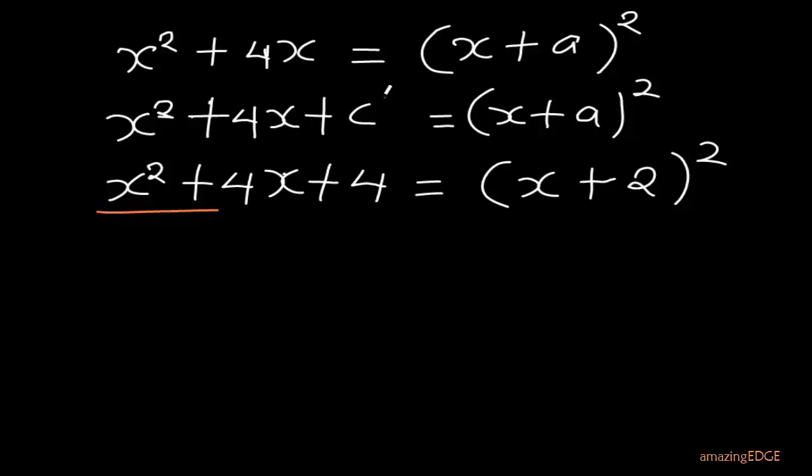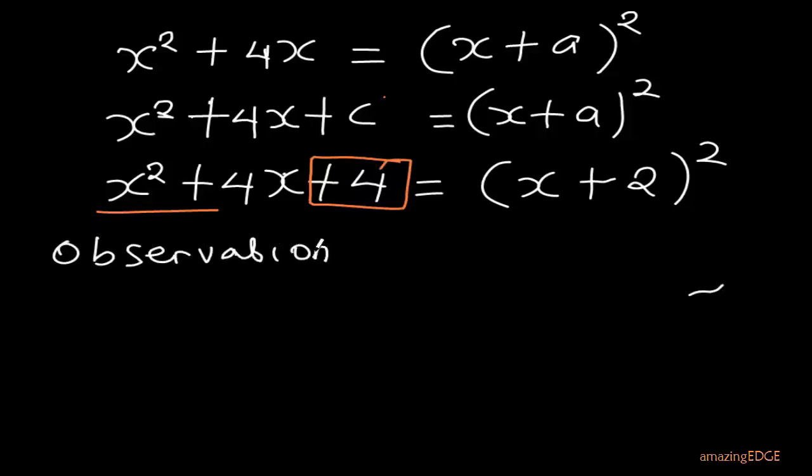So what did I add? I added 4 to make it a perfect square. So observation: what you observe is that it is actually this part that I want to add something to, to make it a perfect square. So what did I do? I divided this 4 by 2, and I got 2.